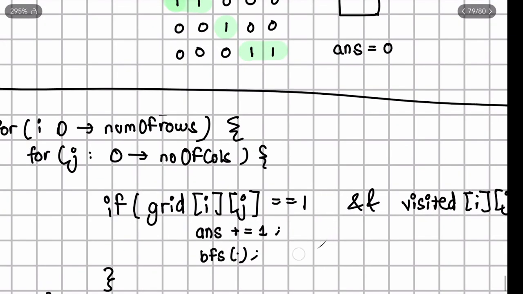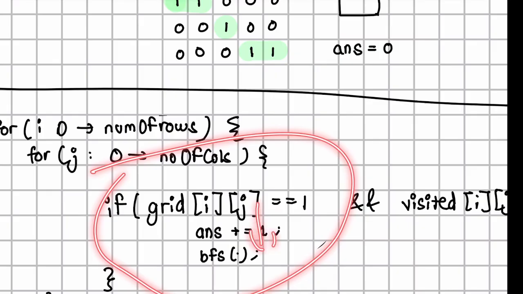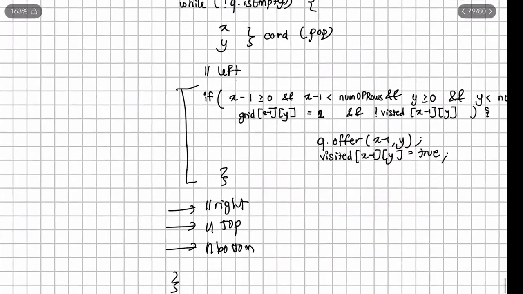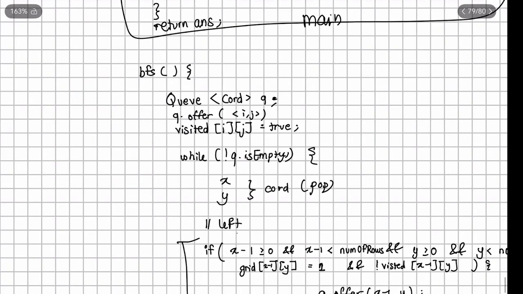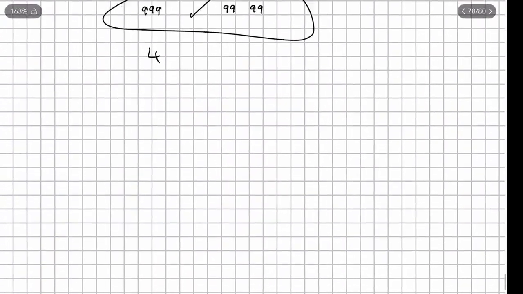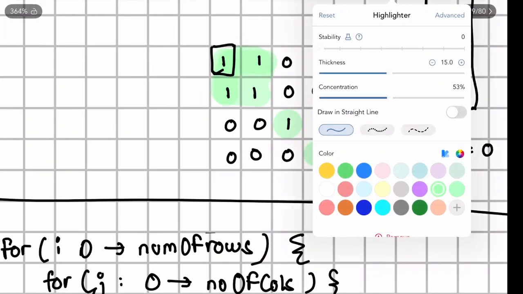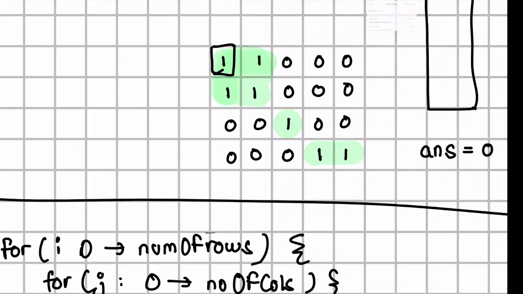We enter the BFS function, offering the coordinates, and marking it as true. Whatever I'm visiting, I'll be marking with red. I marked this as visited and offered it in the queue.